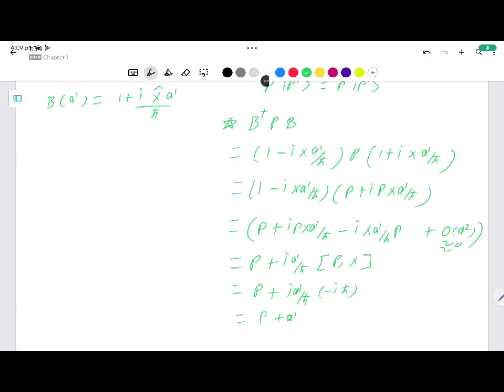This shows a little bit more cleanly what we are trying to do: if I have a momentum operator and then a B operator like this that we have proposed here, we can write it like this also.